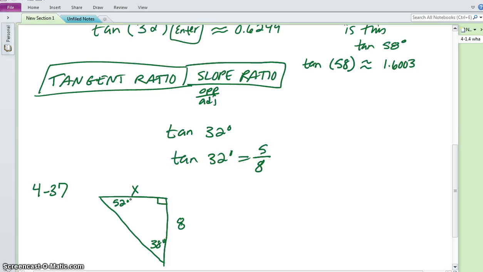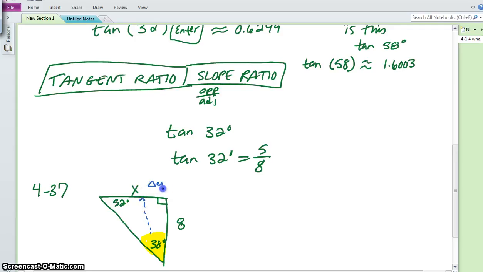And we're just asked to write an equation that matches the picture. So 38 degrees in A is our reference triangle. That's the one that was given. Help yourself to visualize what is across from 38.